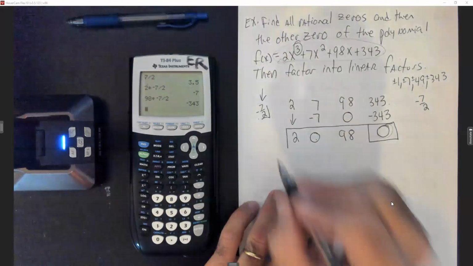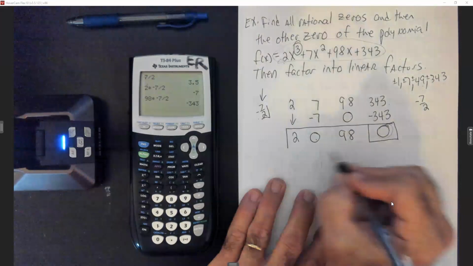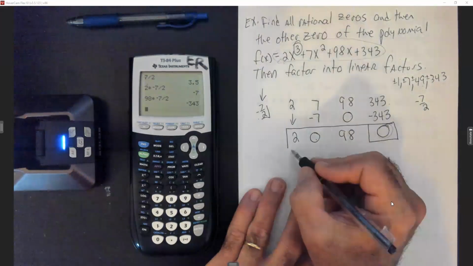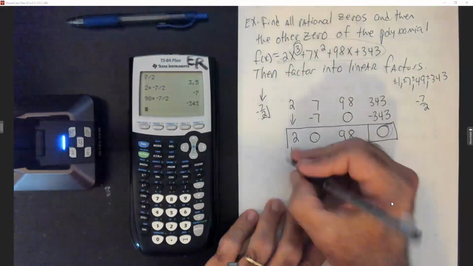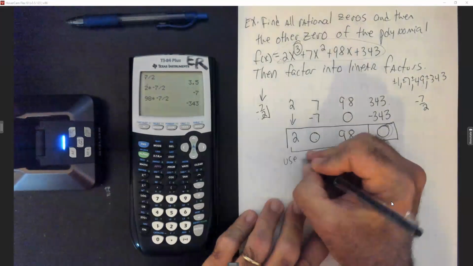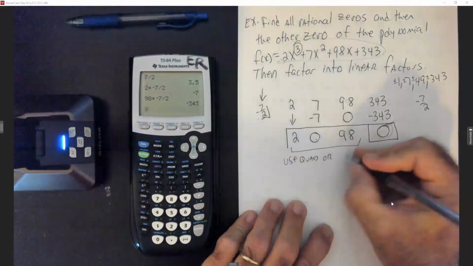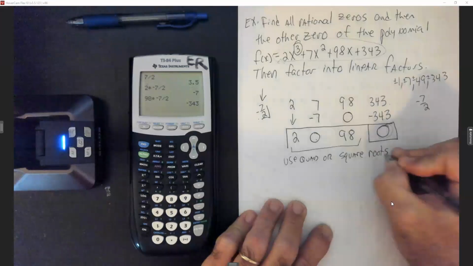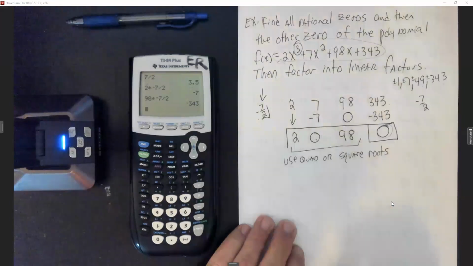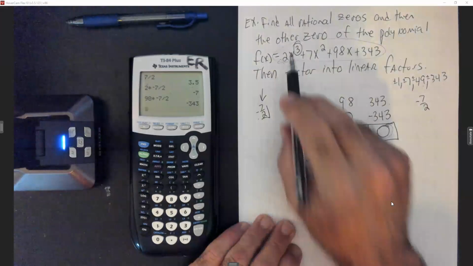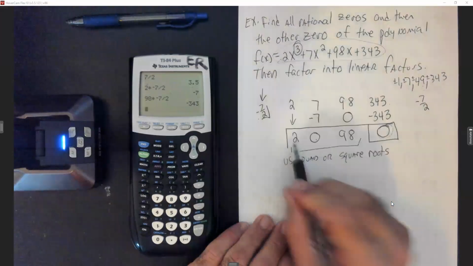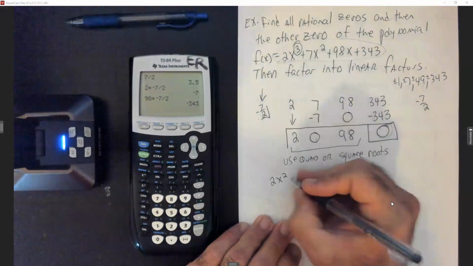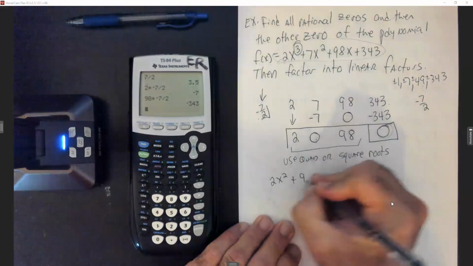Now, to get the last 2 zeros, remember, I got 3 numbers, so I can use quad or square roots. Remember, this always starts 1 degree less, so this would be 2x squared plus 0x plus 98 equals 0.